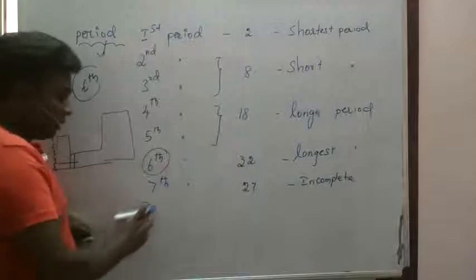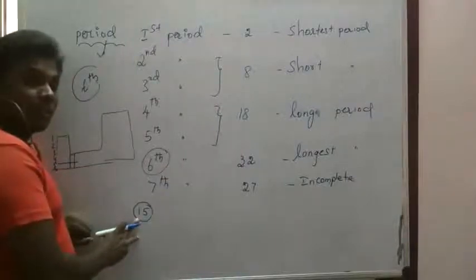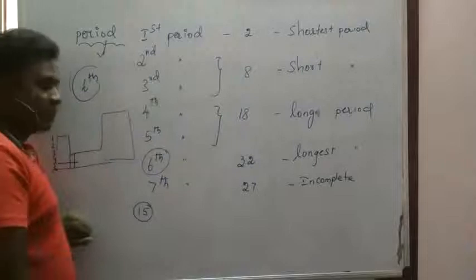Sixth period, third group, how many elements? 15 elements alone are placed in the single place.